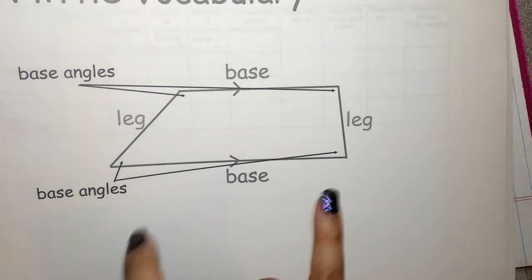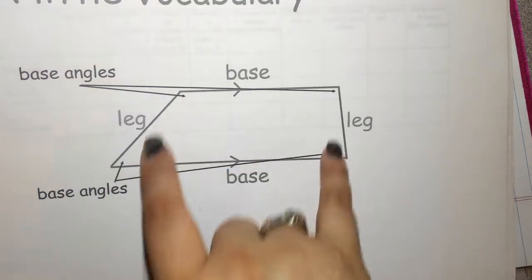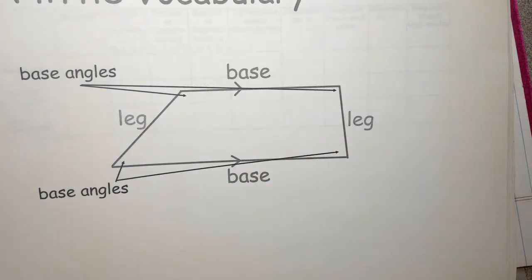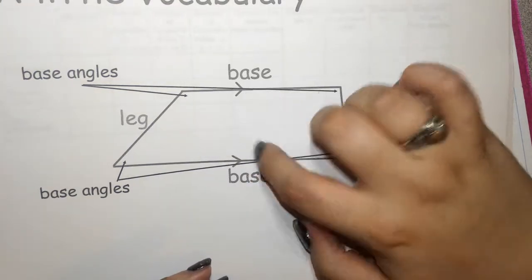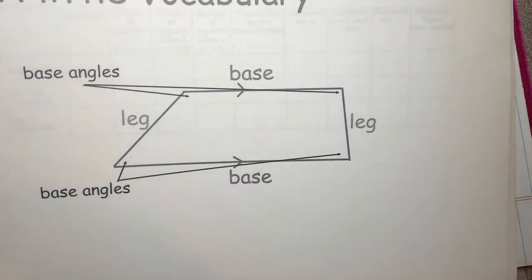Your base angles are connected to your bases. Because these little symbols say they're parallel, that makes it a trapezoid.